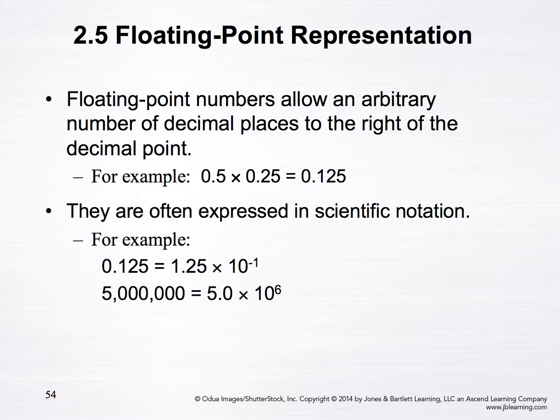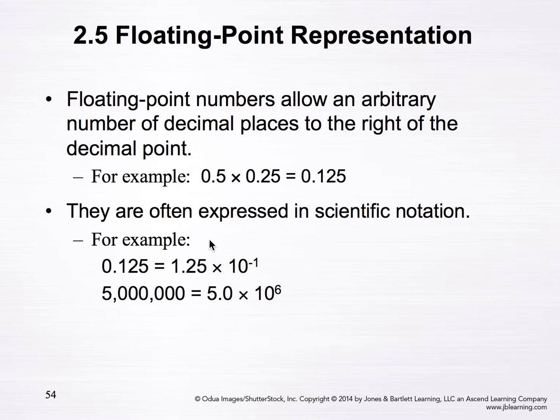Floating point numbers allow an arbitrary number of decimal places to be placed to the right of the decimal point. For example, we can have 0.5, just one digit after the decimal point, times 0.25, two digits after the decimal point, and we multiply them with each other to get another number, 0.125, three digits after the decimal point.